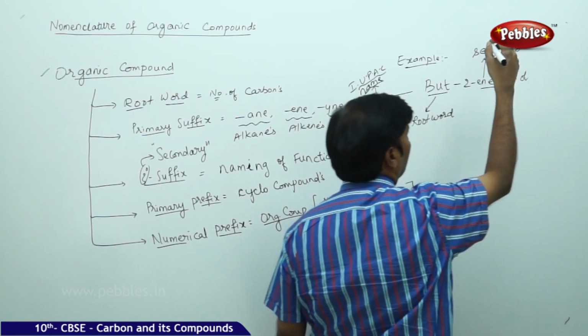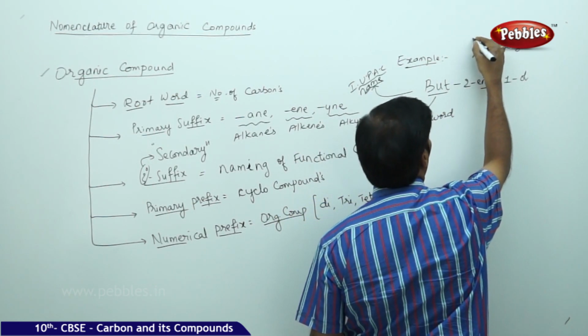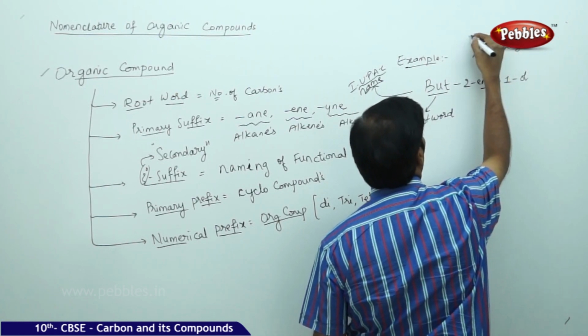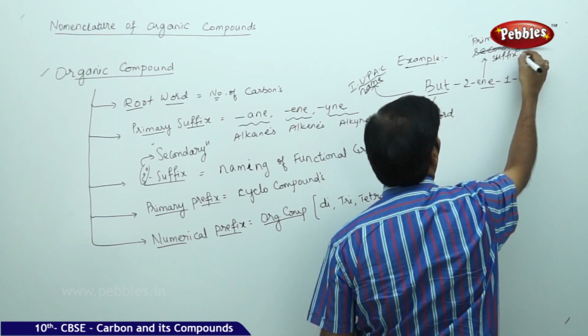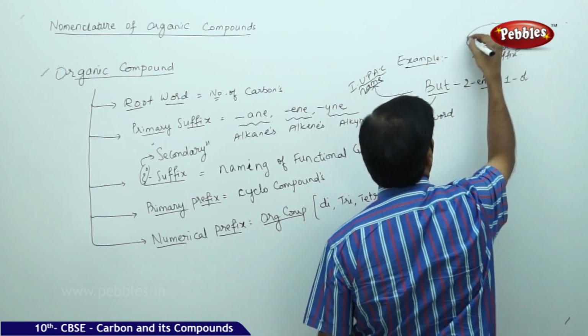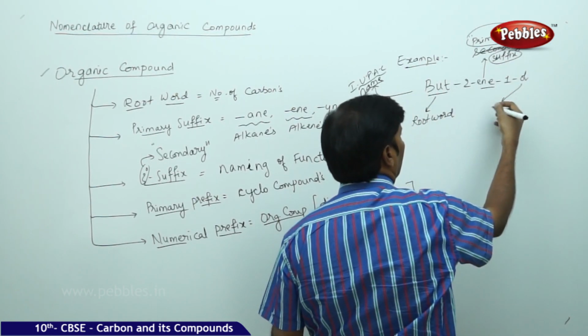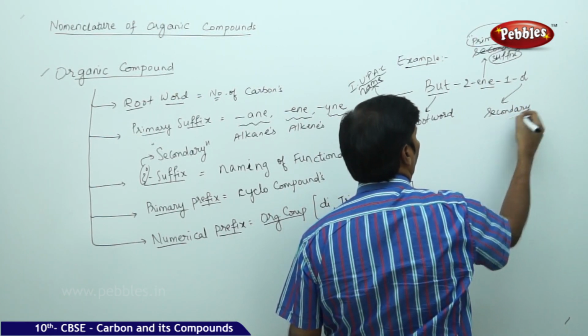In is not secondary, sorry, this is the primary suffix. It is the primary suffix, and the ol is nothing but the secondary suffix.